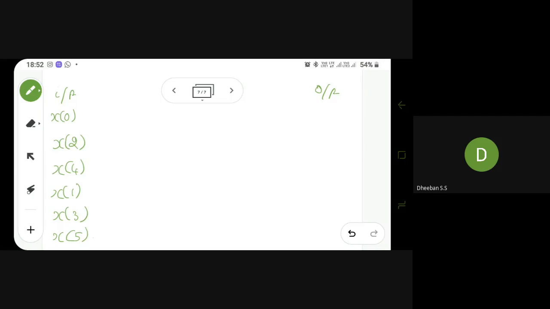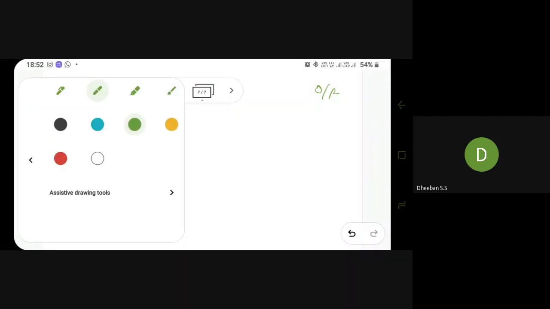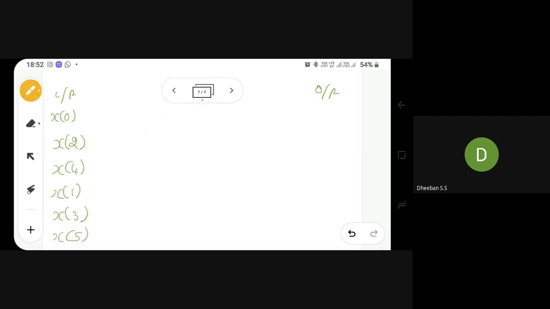And at this side it becomes x of 0, x of 1, x of 2, x of 3, x of 4, followed by x of 5. Next we have to draw the lines.